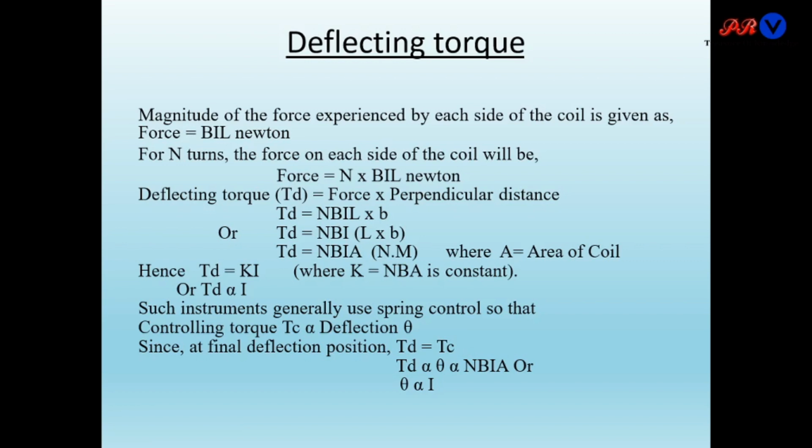As TD is proportional to theta, which is also proportional to NBIA, theta is directly proportional to I because NBA is constant. So the angular movement of the scale is proportional to the applied current.